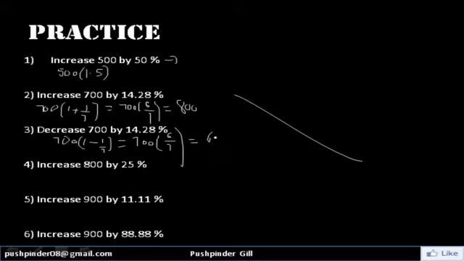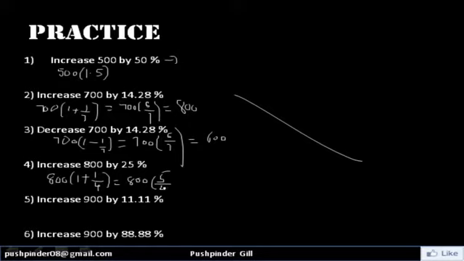You don't need to use a calculator now. So if I have to increase 800 by 25%, I just say 800 into 1 plus, what is 25%? That is 1 by 4, right? So 1 plus 1 by 4 comes out to be 800 into 5 by 4. So I can calculate my answer from here, right?